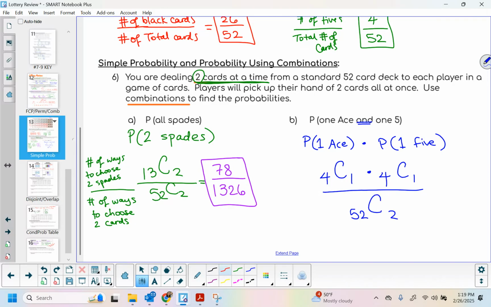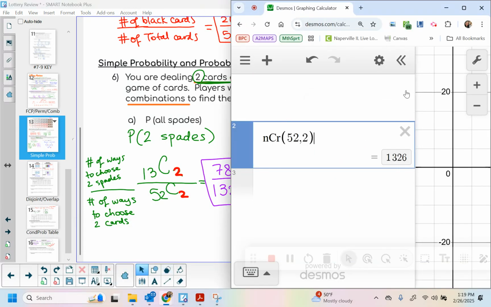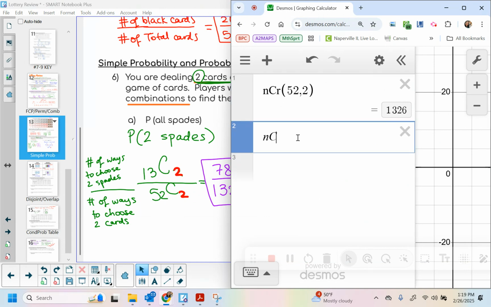So remember that I'm choosing 1 card, I'm choosing 1 card, and then I'm choosing 1 more card. So total, I am choosing 2 cards. Here, I chose 2 cards, and total, I'm choosing 2 cards. Okay, so for choose 1, I believe there are 4 ways to choose 1 card from a group of 4, and that is correct.